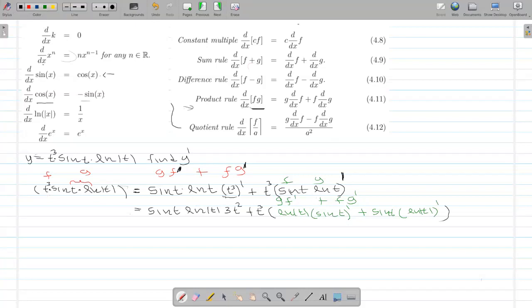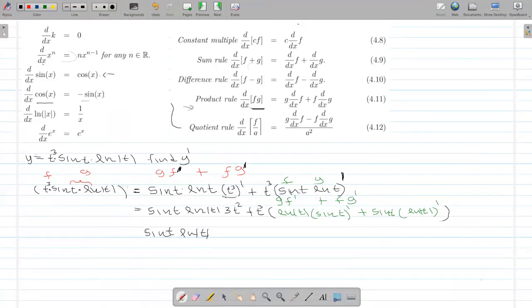Now I come here. Oh, sin t is fine, so I can keep the sin t. Then ln t, and 3t cube is better to write in front. Okay, this looks nicer if I write.